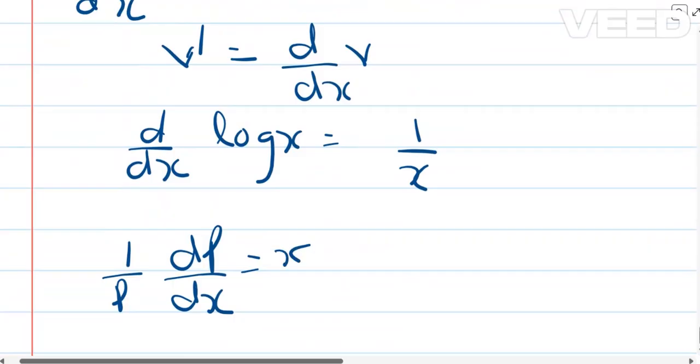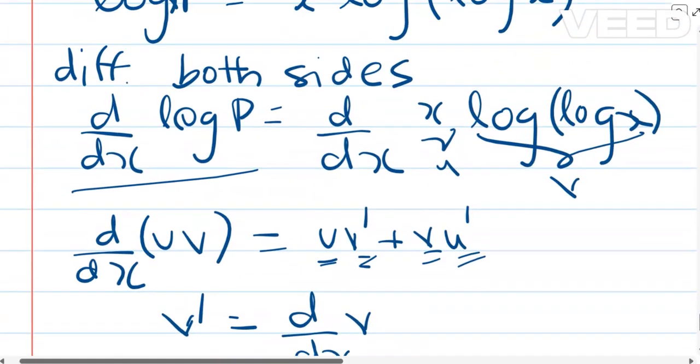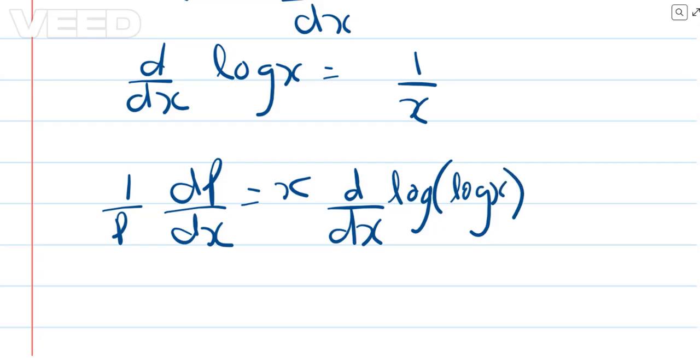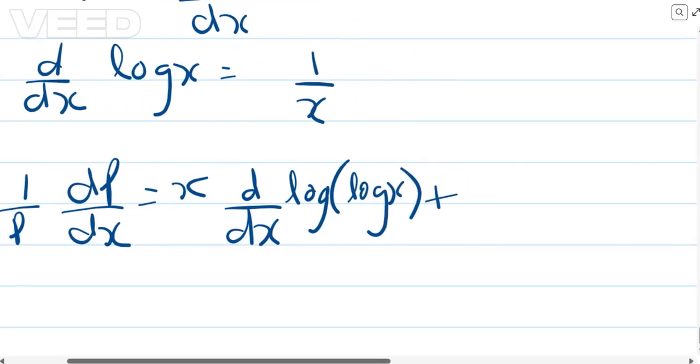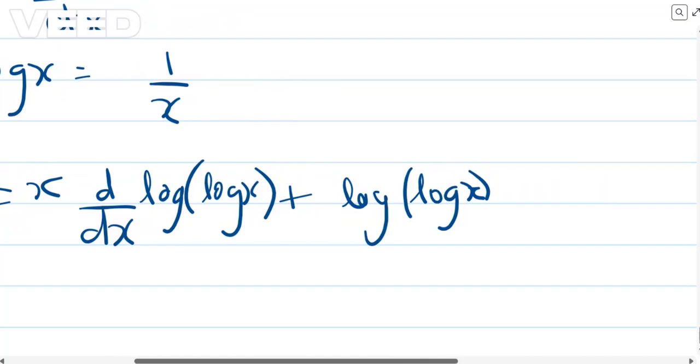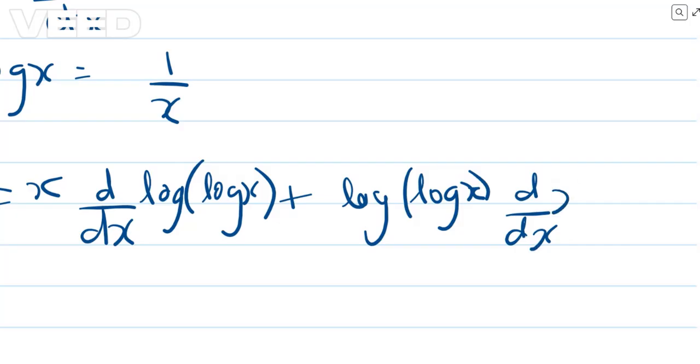We keep u, then differentiate v, which is log of log x, plus we keep v, which is log of log x, then differentiate u, which is the derivative of x with respect to x. So this will get 1.